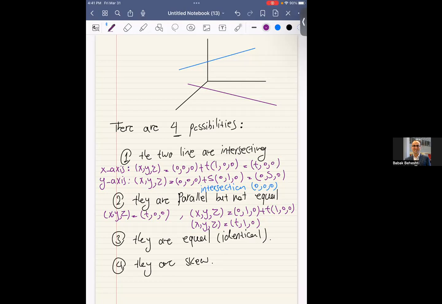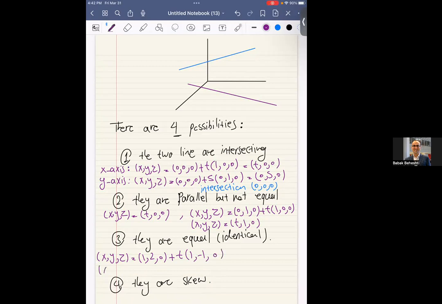So let me give you an example of two lines that are equal. For example, the first line is (x, y, z) equal to (1, 2, 0) plus t times (1, -1, 0).